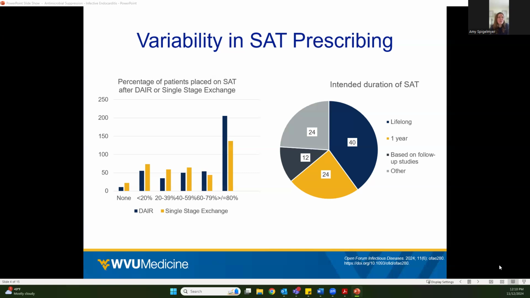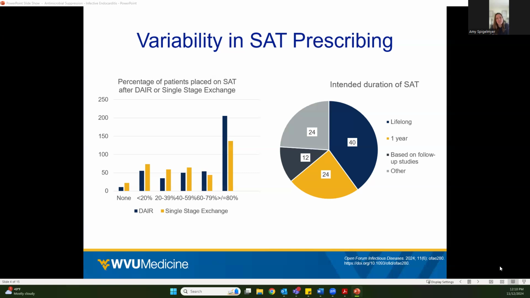Of the responders to the survey, 40% said that when they prescribe suppressive antimicrobial therapy for osteoarticular infections, they intended for it to be lifelong, whereas 24% said that they intended it to be only 1 year. 24% said other, which really means patient dependent, and then 12% said this should be determined based upon follow-up studies, whether that was imaging or laboratory monitoring.